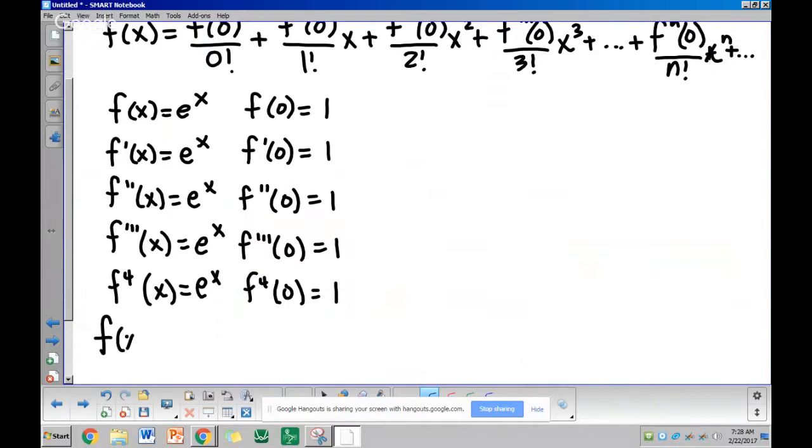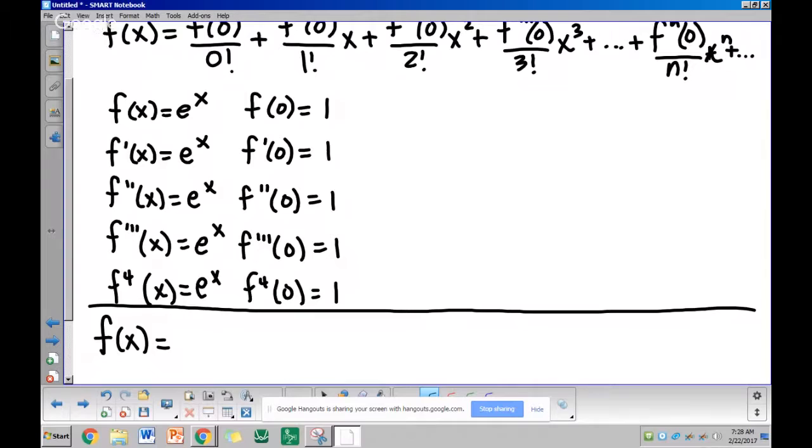And we can say f of x is equal to, using all that info, f of 0 over 0 factorial, which is just 1, plus f prime of 0 over 1 factorial, which is just going to be 1 times x, plus f double prime of 0 is 1, so it's going to be x squared over 2 factorial, plus, let's plug in f triple prime of 0, which is 1 over 3 factorial, so that would just be x to the third over 3 factorial.